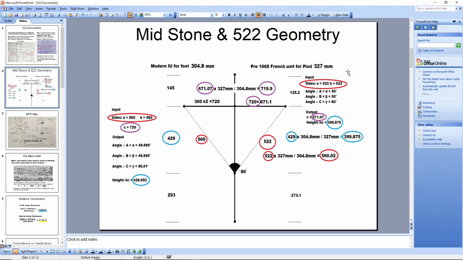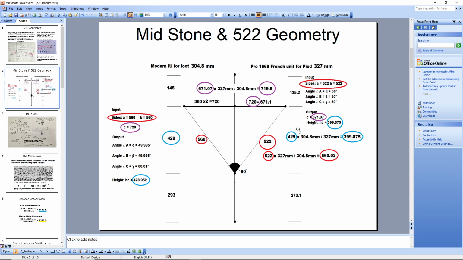If you want to get exact and have your calculator draw out infinite decimal points, the number is 326.569 millimeters. But I think they use this, and when you use this, it works out very well. If you use the other number, you get more decimal points.